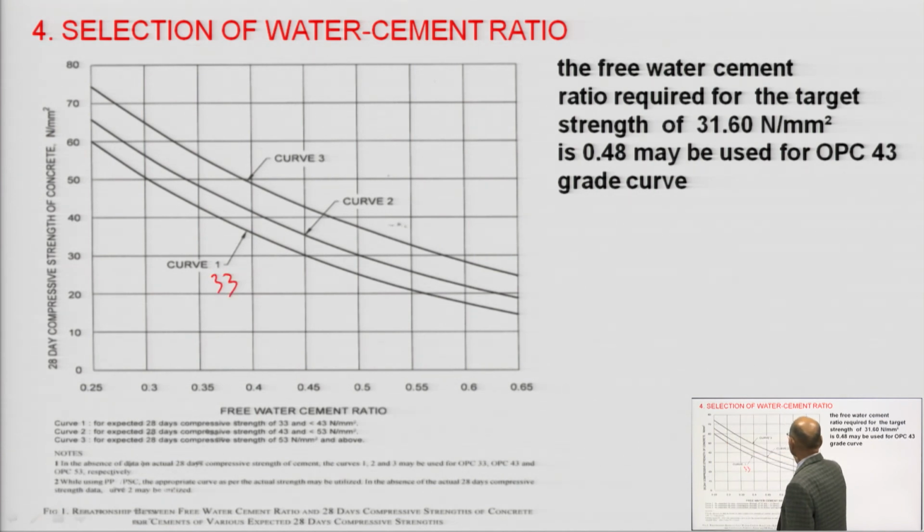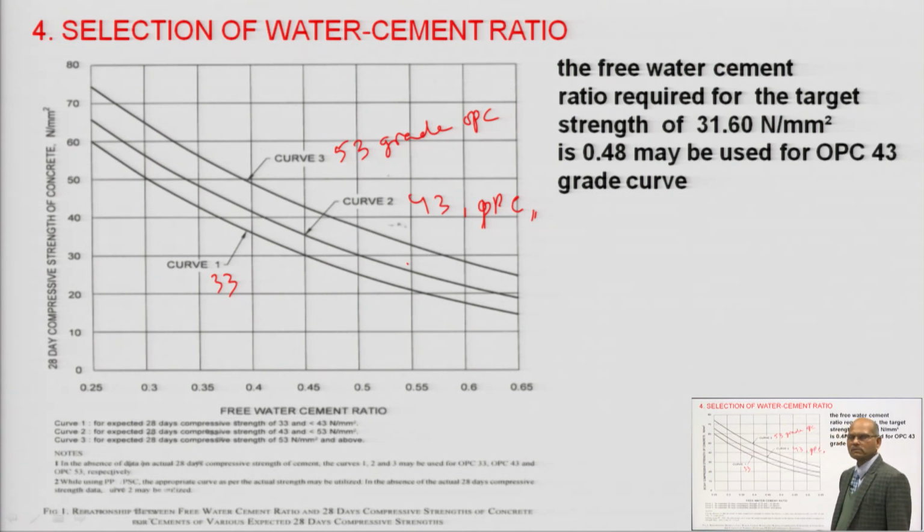For 43 grade cement, OPC or Portland Pozzolana cement or granulated ground blast furnace slag cement, you can use curve number B, and curve C is for 53 grade OPC.